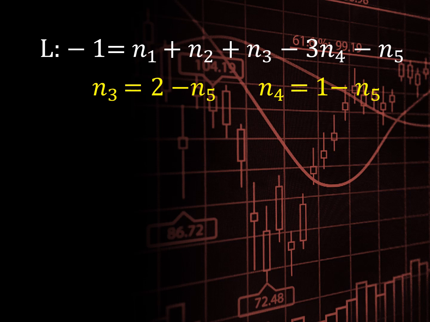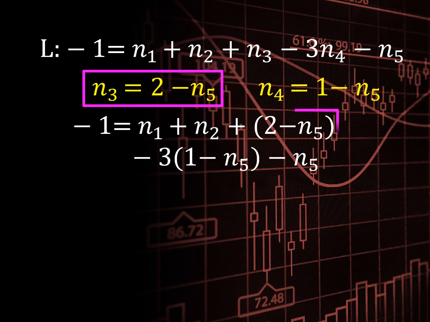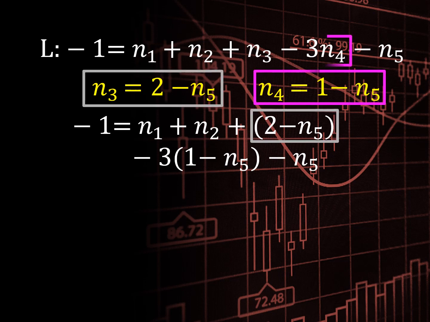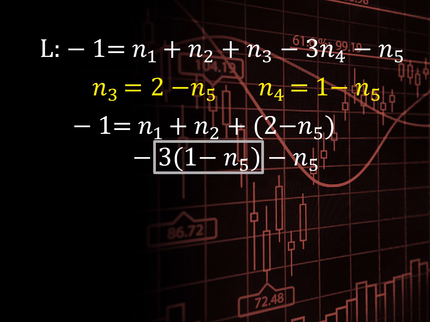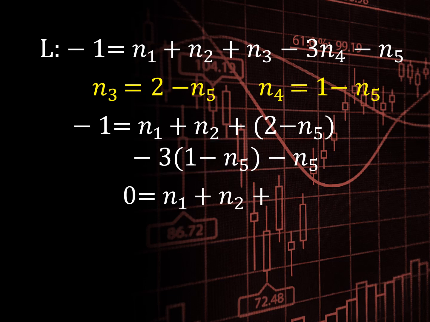We can substitute the equation of N3, and then also substitute the equation of N4, and then we simplify the equation. We get, therefore, 0 equals N1 plus N2 plus N5. Or in terms of N1, the equation becomes N1 equals negative N2 minus N5.